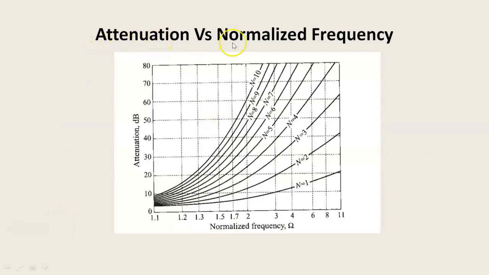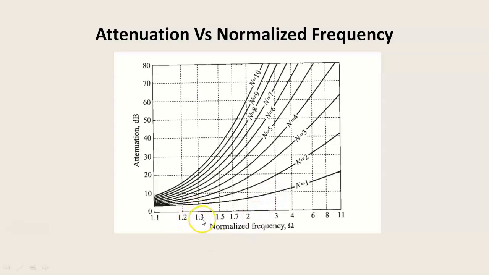The corresponding attenuation versus normalized frequency for various filter orders is shown in the figure. As we know, normalized frequency omega equal to 1 is the 3 dB cutoff frequency point. The attenuation curves shown in the figure are very useful in determining the required order of the filter.